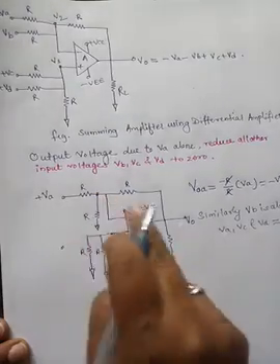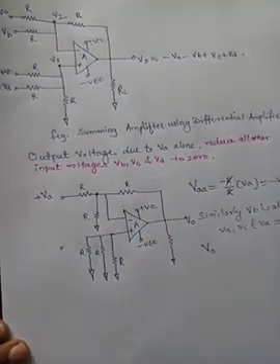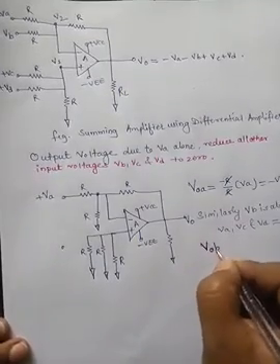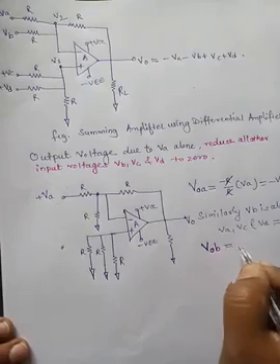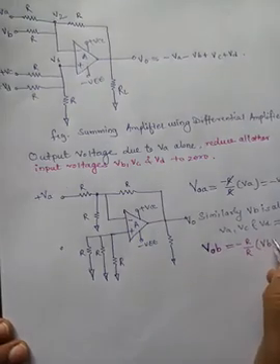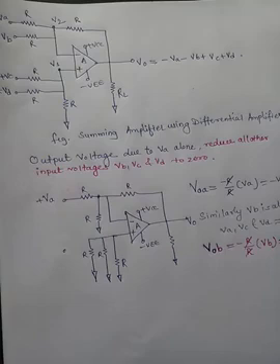Again the circuit is in inverting configuration, and the output voltage V0B is equal to minus R divided by R into VB, so it will again be minus VB. This is the second equation.